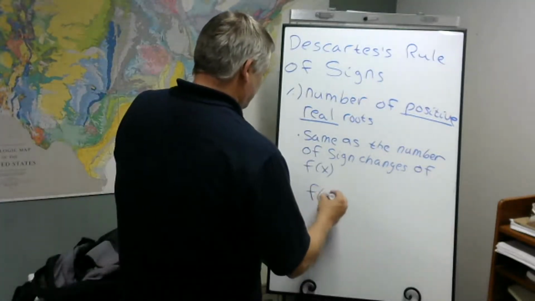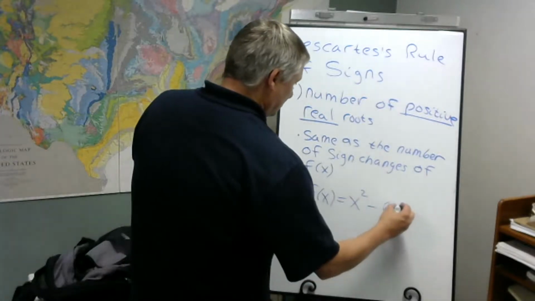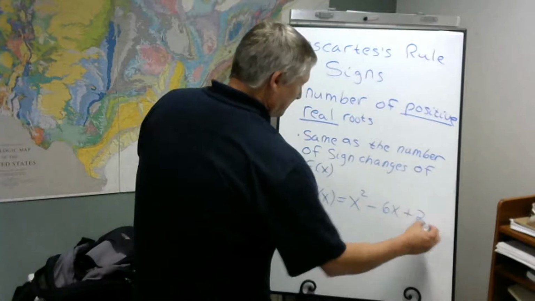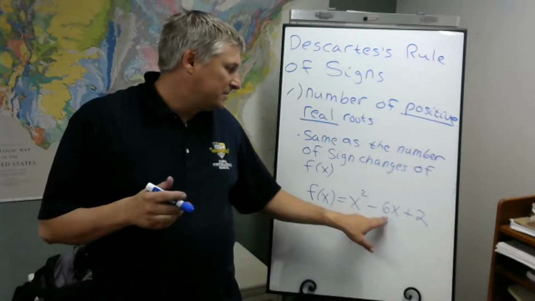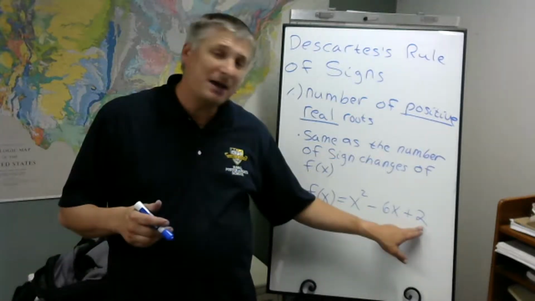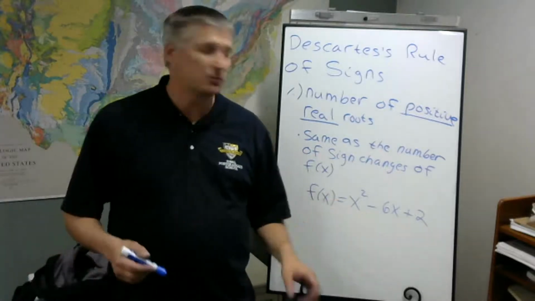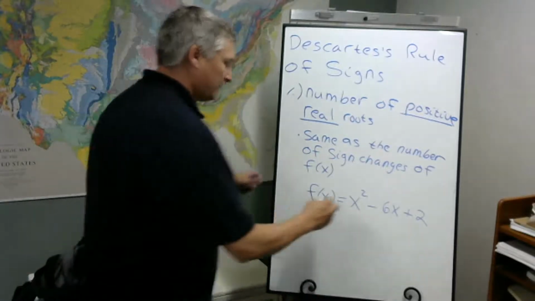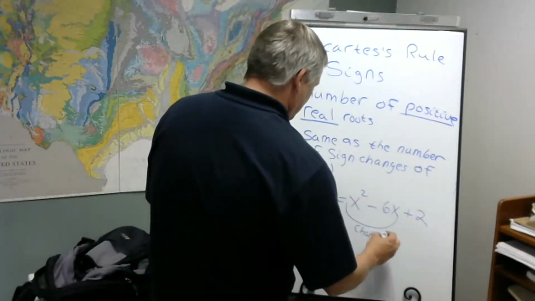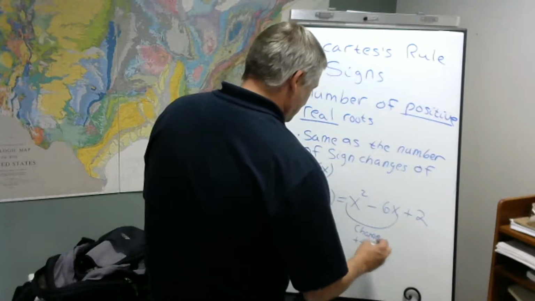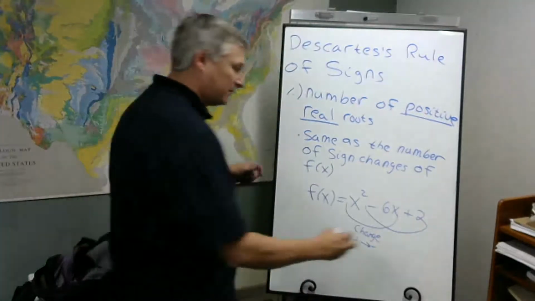Let's say f of x is equal to this. So here we start out with a positive term, then we go to a negative term, and then we go to a positive term. So that means there are 2 sign changes. We went from positive to negative. So that's a change. And then we went from negative to positive.